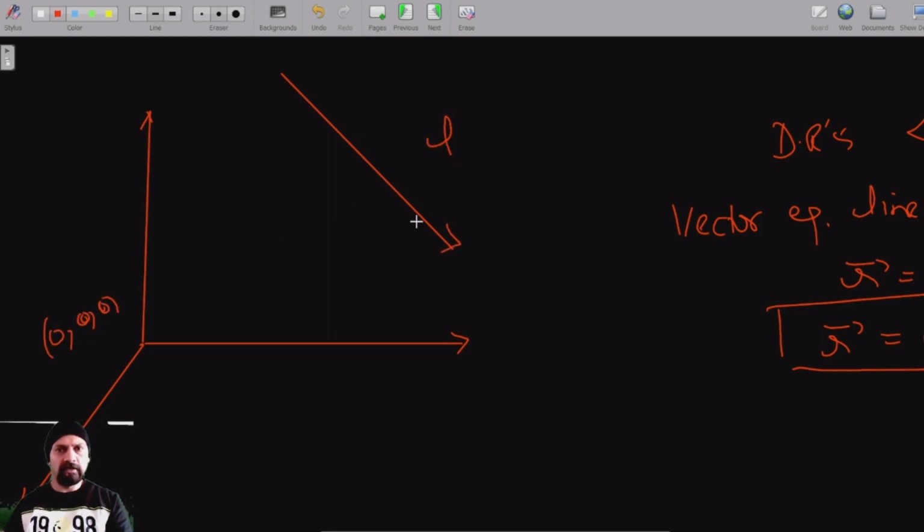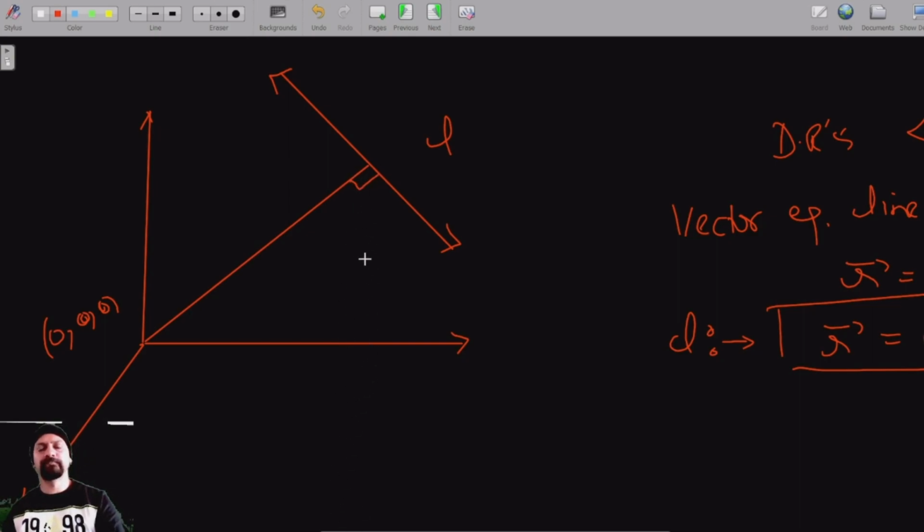We have the vector equation of the line L, and we have to find its distance, that is the perpendicular distance from the origin.